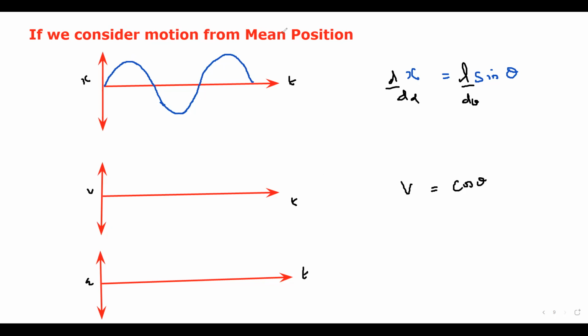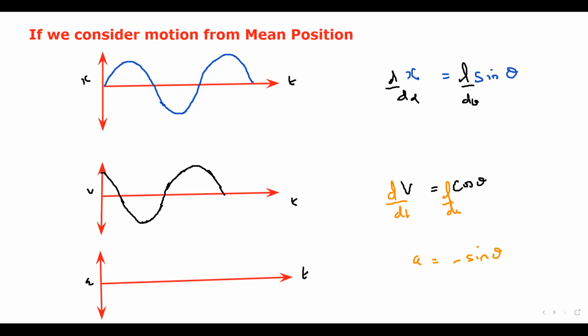It is a positive cosine, so it will start with a maximum value, then decrease. And if we differentiate again, this will be acceleration, and the derivative of cos is minus sine.